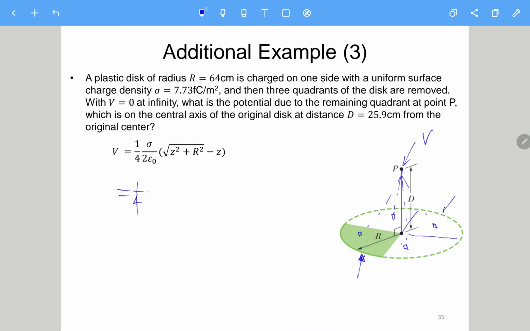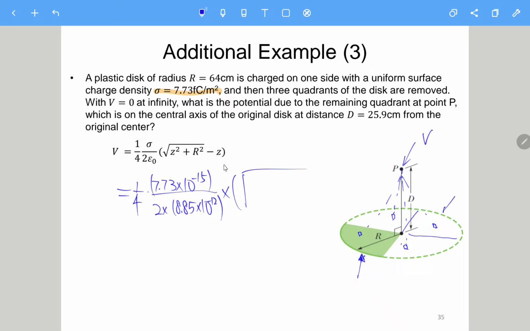So which is 1/4 times 7.73 times 10 to minus 15, which is sigma, over 2 times epsilon naught, 8.85 times 10 to minus 12, times the square root.